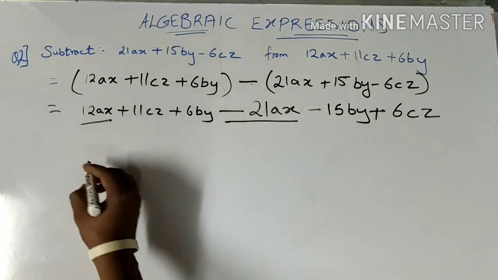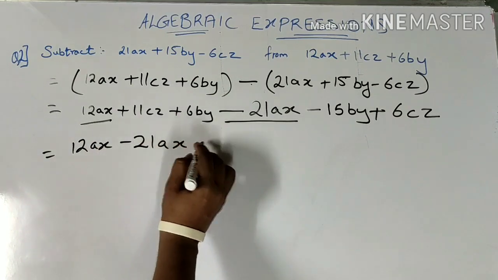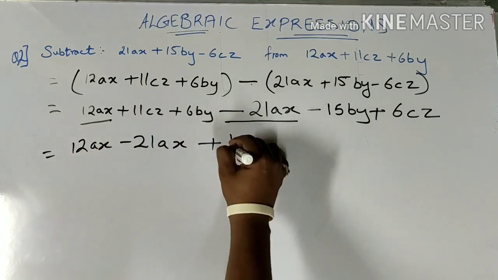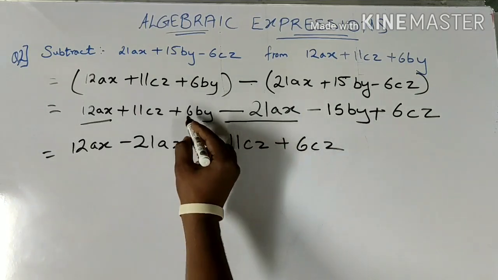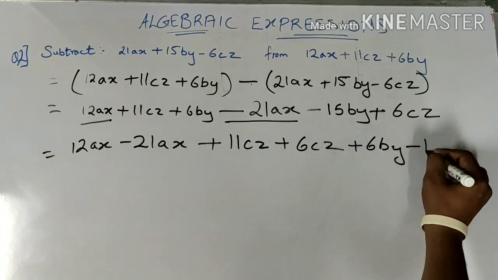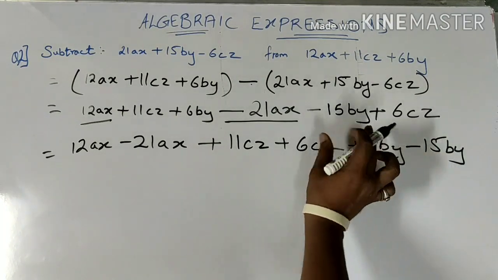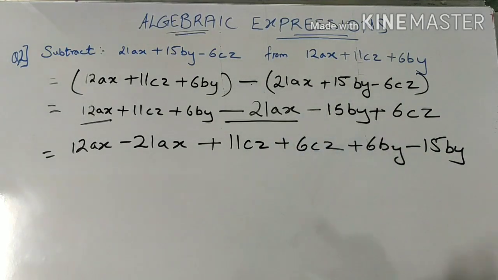Bring this together: 12ax minus 21ax, then plus 11cz plus 6cz, then the remaining is plus 6by minus 15by. So you consider the whole like term with its sign.